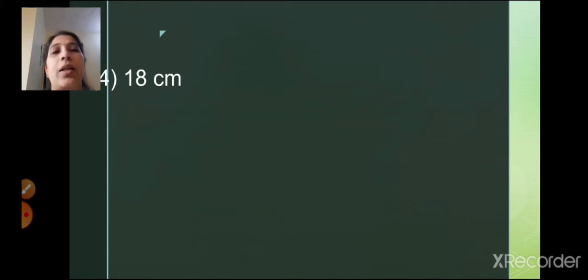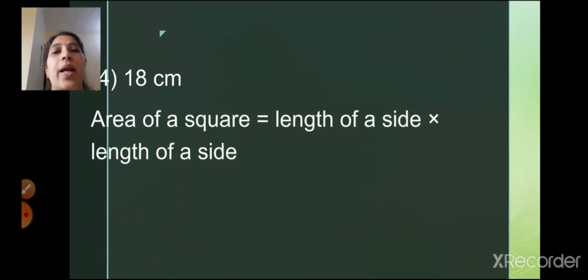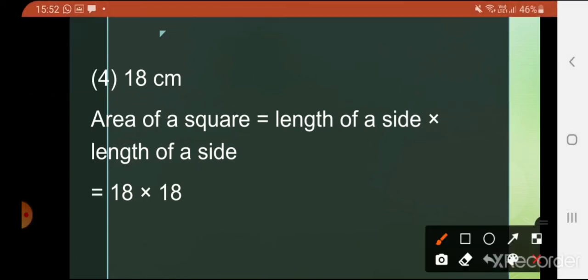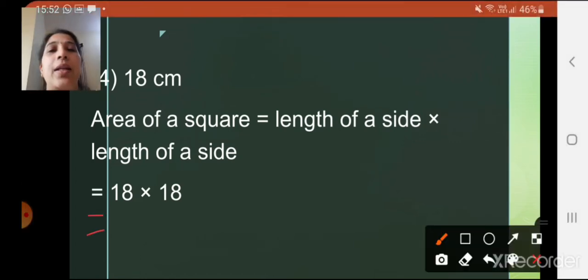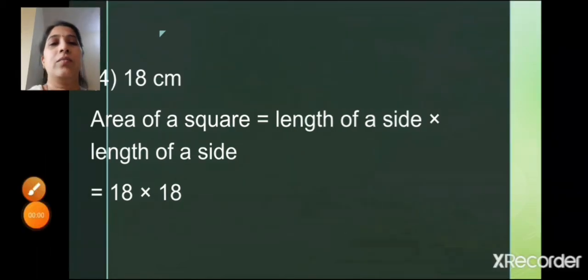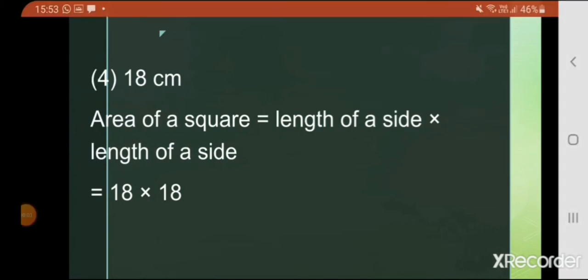18 centimeter. So length of the side of the square is 18 centimeter. So first we will write the formula. Area of a square is equal to length of a side into length of a side. So what is the length of the side? 18. So 18 into 18. Let's multiply 18 into 18, right? So what is 18 eights? 18 eights are 144.